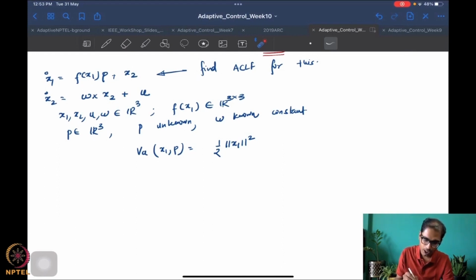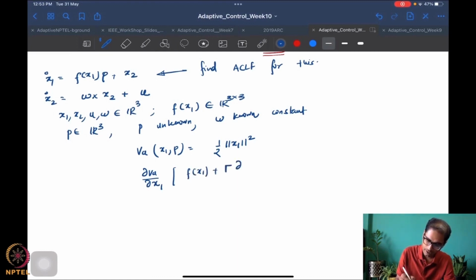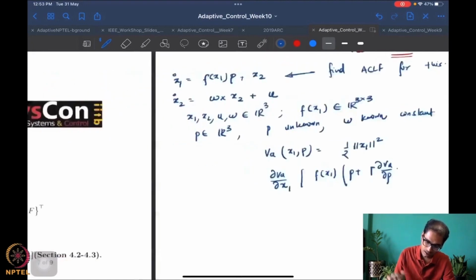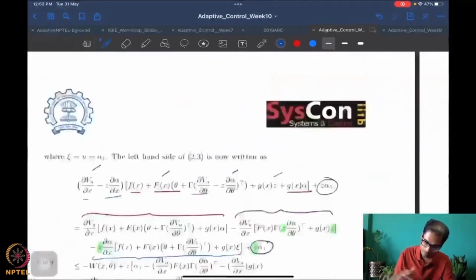Because if I take VA dot, that is del VA del x1 times f of x1 plus gamma times P, plus del VA del P times gamma del VA del P transpose, because that is the additional term.